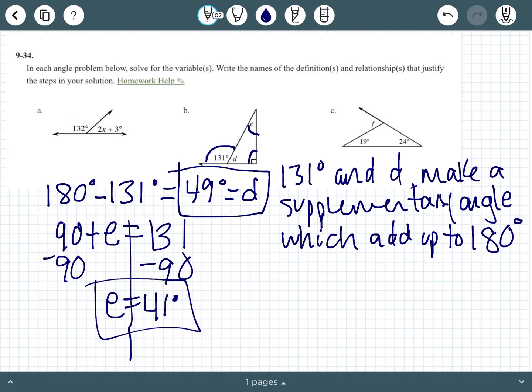All right, now we move on to variable E and how we found that. So we'll say that we know 131 degrees is the exterior angle.